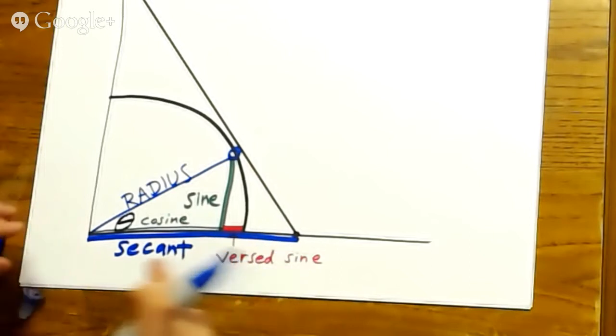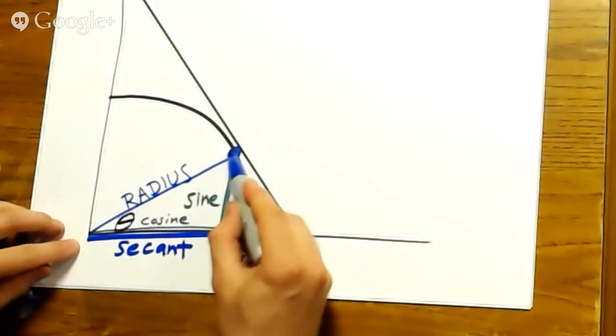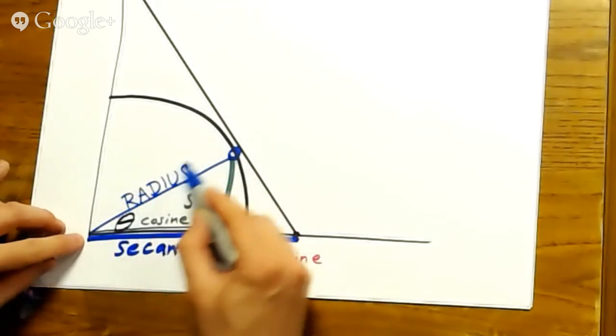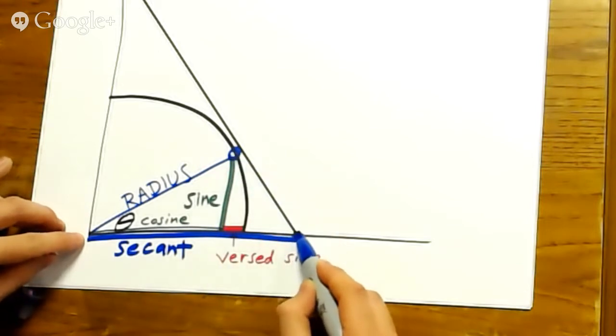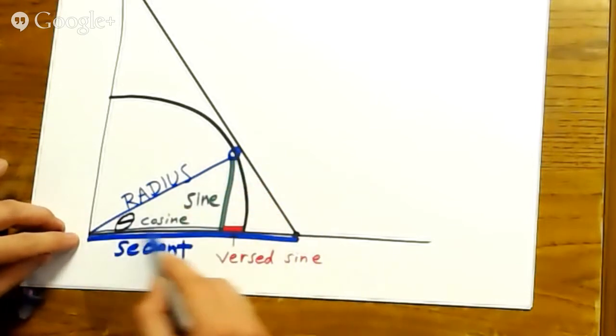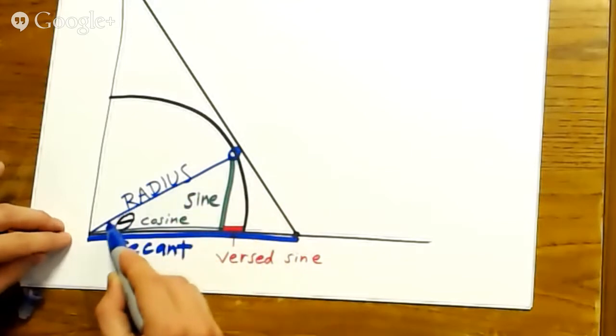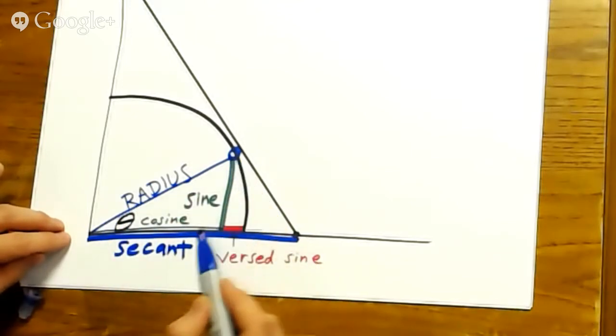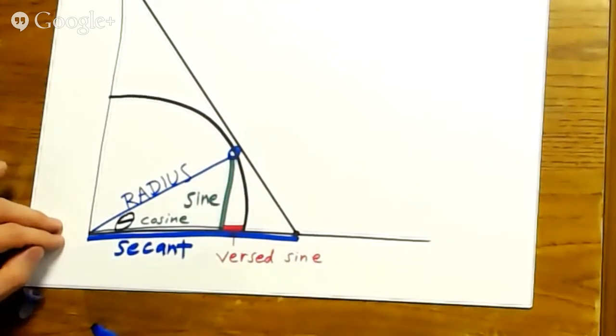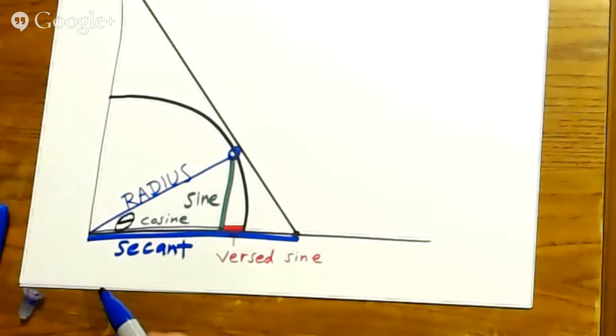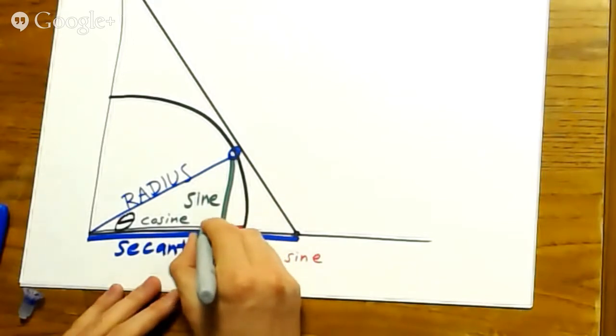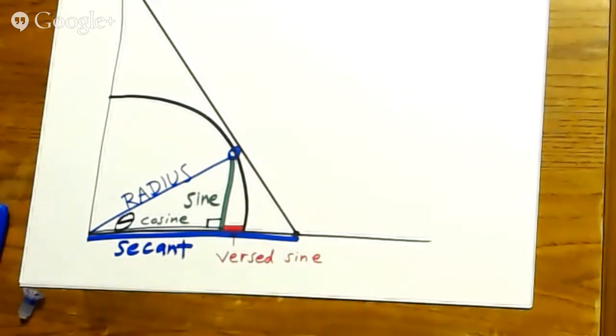A secant, this triangle here, where we go from the center of the circle to the point on its circumference to this point over here, this triangle is similar to this green triangle. You see why? That's a right angle.